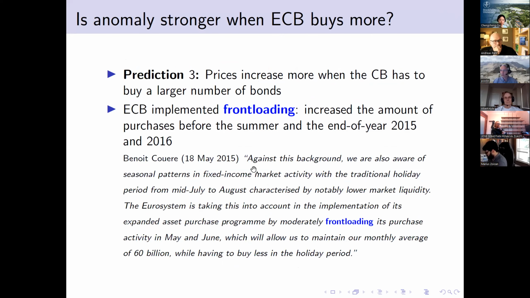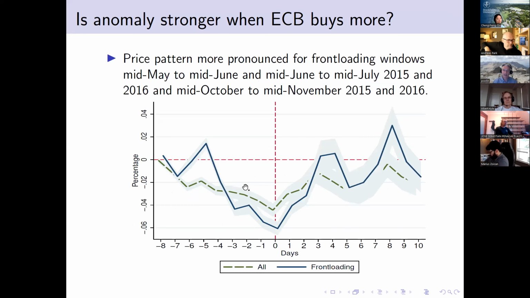Then the model says the more you want to buy from the same group of dealers, the stronger should be the pattern. And I told you that the central bank had this idea to trade more in the more liquid months and less in the less liquid months. And what we find is that the pattern is much stronger, and significantly so, in the months where they trade more versus the months where they trade less.